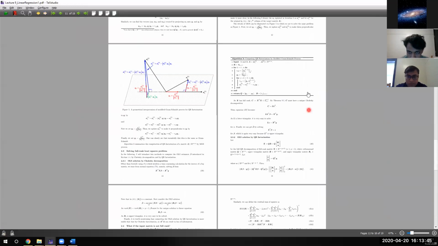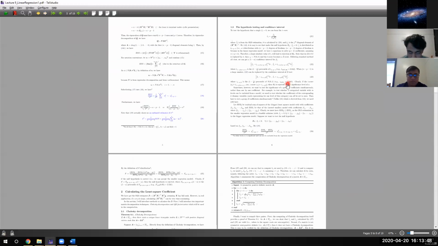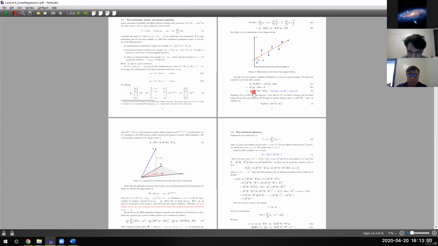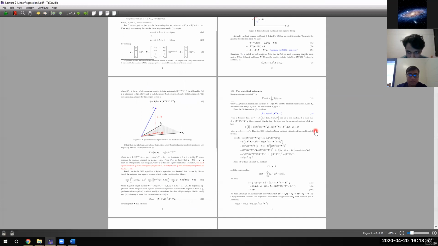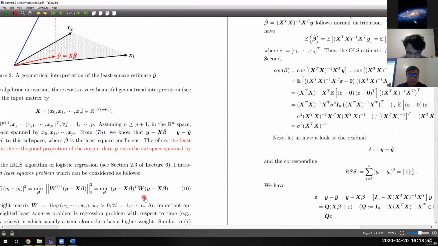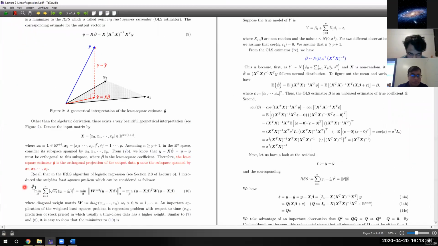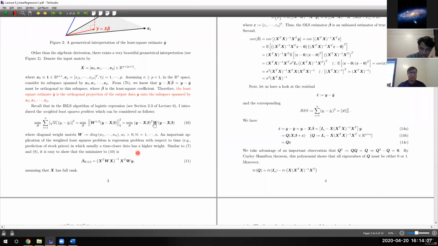And remember, we also discussed the weighted least square problem here. This is actually used in IRLS, in the logistic regression, remember it? So the thing is, we calculated this one by the derivative, right?